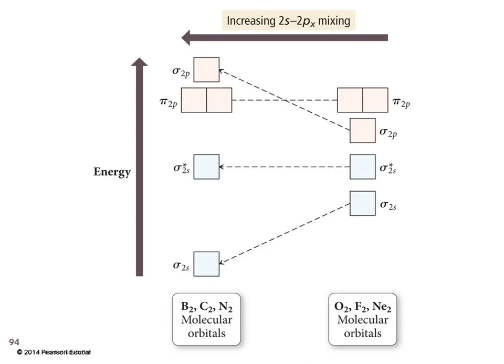I'm not entirely convinced of the usefulness of this. That might help. I think what they're trying to show us is that these are different because of this increasing 2s, 2p mixing, and these have less 2s, 2p mixing.